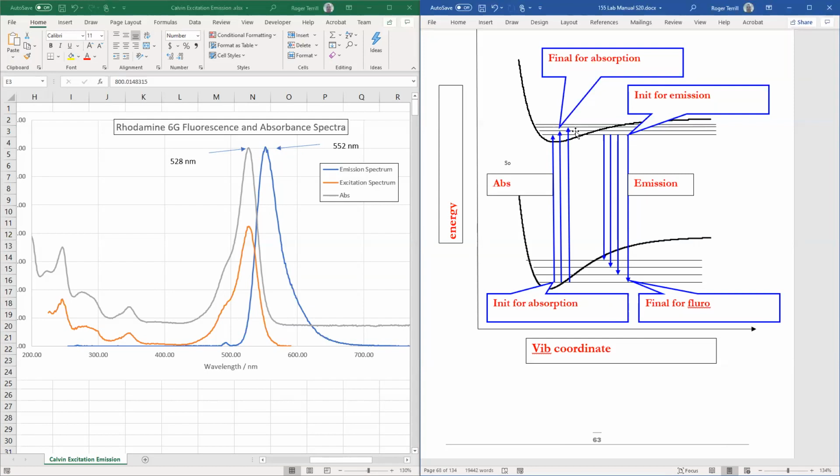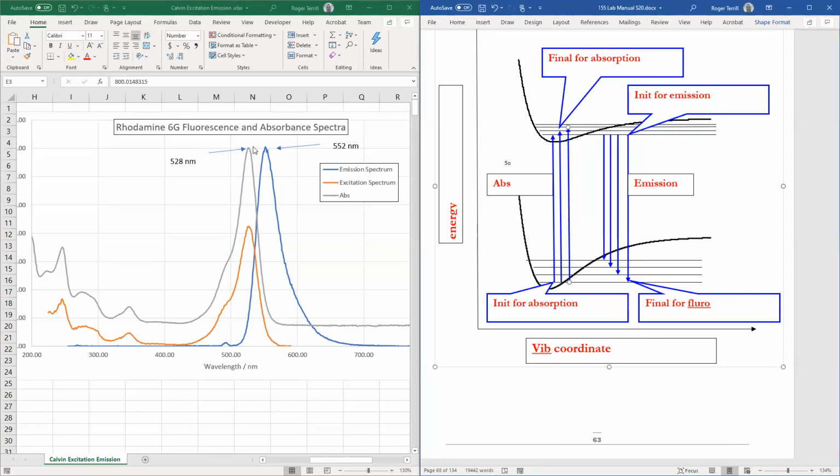So, is this talking about explaining why the absorption and emission wavelengths are different? Exactly right. Absorption is electronic plus vibrational, and emission is electronic minus vibrational. Let's say this arrow right here is the average absorption energy.